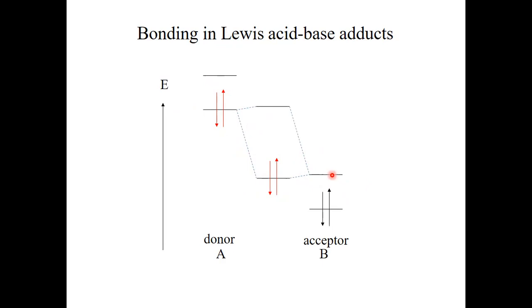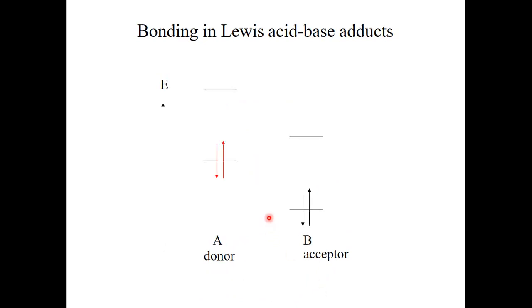And that means that we do not have a Lewis acid-base reaction anymore, but we have oxidized donor A and reduced acceptor B, and we have a redox reaction leading to an ionic bond. Okay, so we have no Lewis acid-base reaction, but a redox reaction.